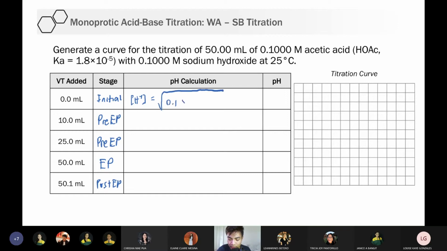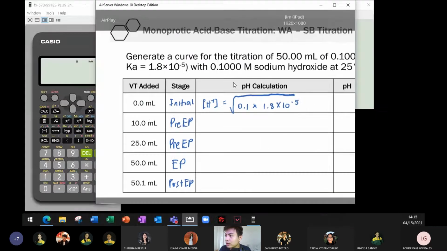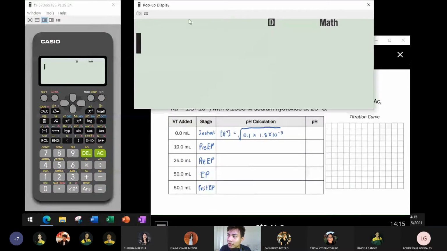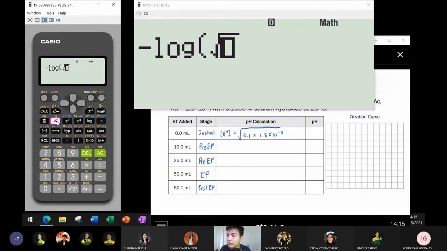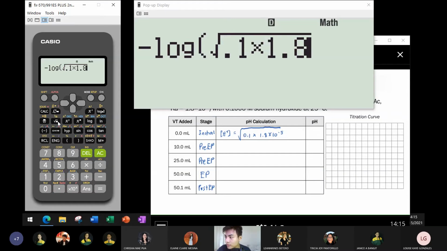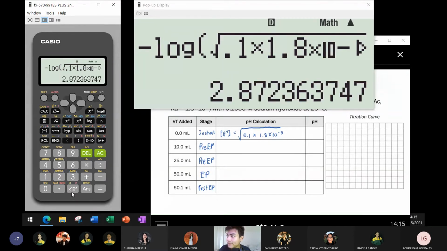Concentration of acid 0.1 times the Ka, 1.8 times 10 raised to negative 5. Negative log mo yan, you will get the pH. Doon ko na magagamit yung calcu ko. pH, negative log square root of 0.1 times 1.8 times 10 raised to negative 5. Ayan, 2.87.